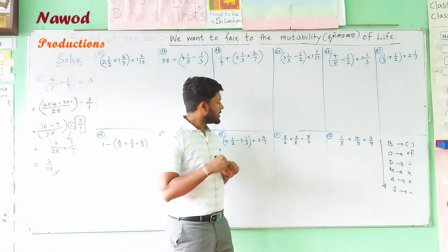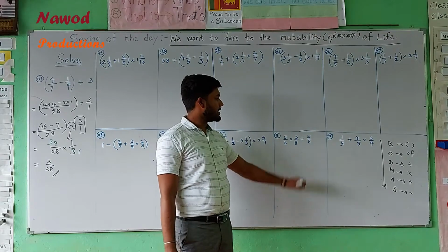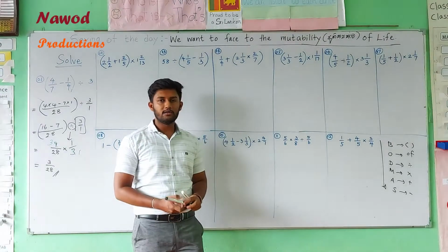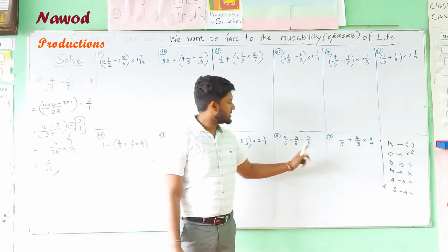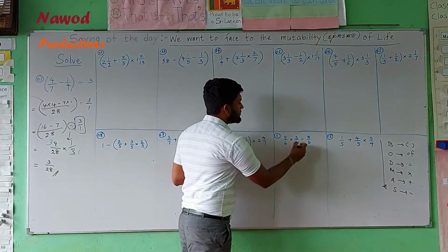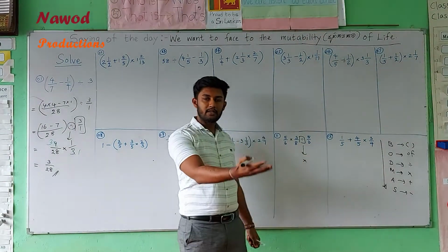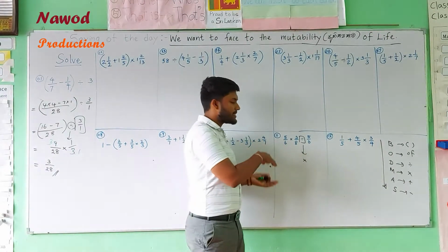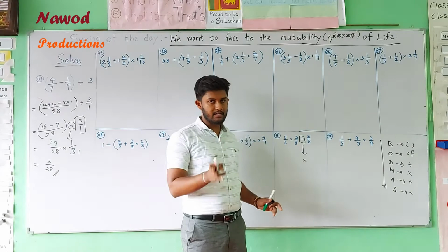Then here 5 over 6, 3 over 8 divided by again 5 over 6. You know, dear students, according to BODMAS, the first step is the division. When converting this division into multiplication, not the preceding term but the following fraction, you want to get the reciprocal.